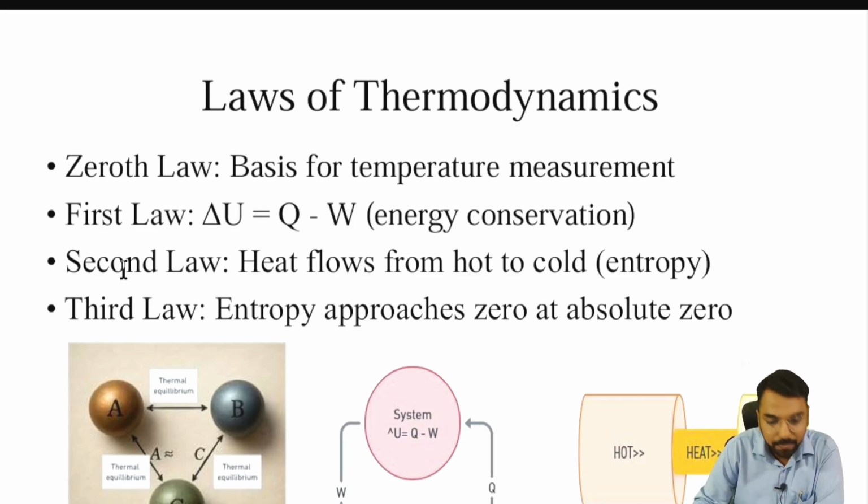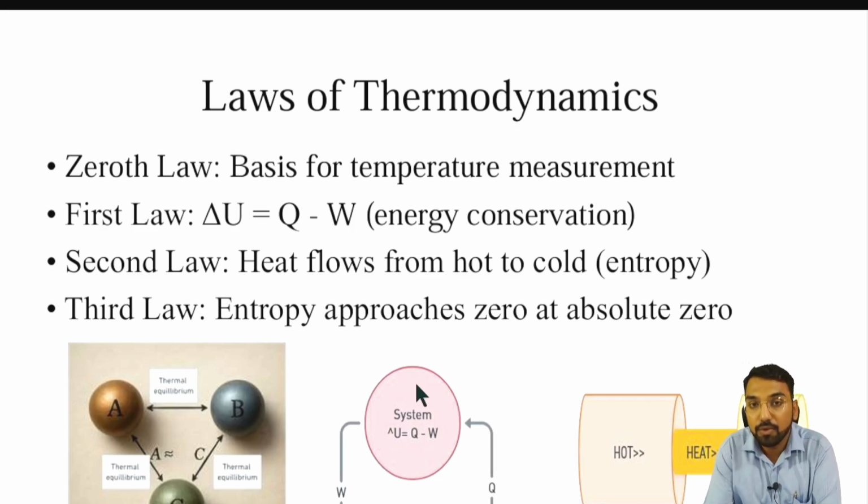Second law of thermodynamics. In the first lecture, I stated this second law: heat always flows from the hot end to the cold end. That means heat always flows from a higher energy level to a lower energy level.